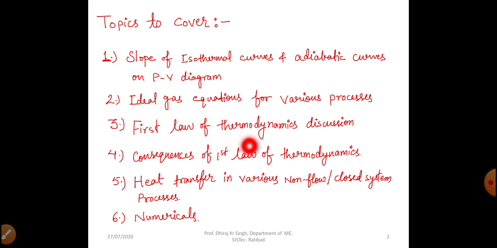Third is a discussion of the first law of thermodynamics. Fourth is consequences of the first law of thermodynamics. The remaining two, heat transfer in various non-flow and closed system processes and numericals, we will cover in the next video. So today we are going to cover these four topics. Let us start.